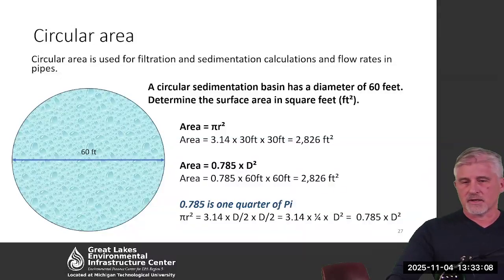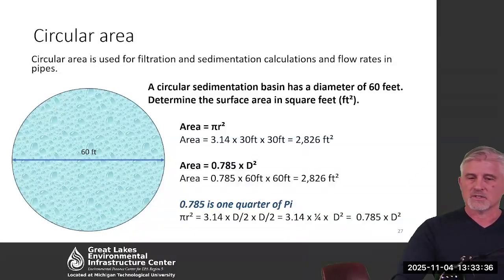I know I learned area is equal to pi r squared. We can use that formula. We can also use one that is becoming more common now: the area is equal to 0.785 times the diameter squared. If we put in area is equal to pi r squared, the area is equal to 3.14 times the radius, which is 30 feet, times the radius again.